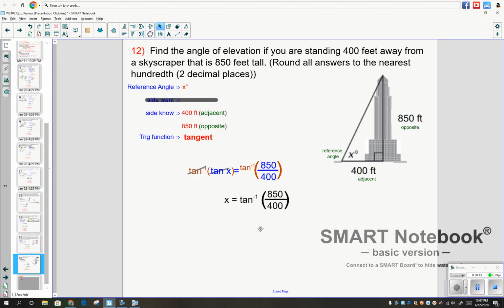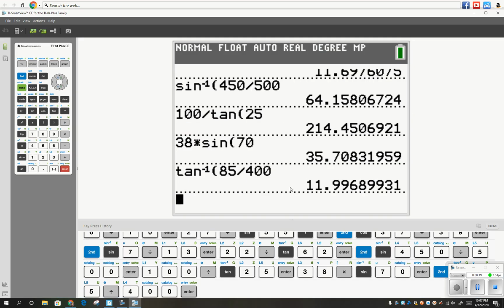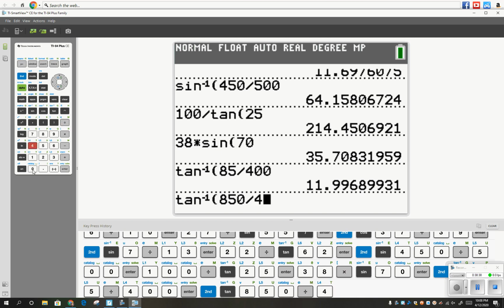11.996. Uh-oh. Sorry. There's a misprint there on my calculator. It's not 11.996. I did tangent inverse of 85 divided by 400. We've got a typo there, so I have to retype that in. I'm looking for tangent inverse of 850 divided by 400.